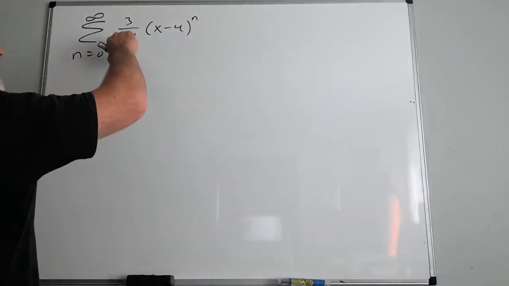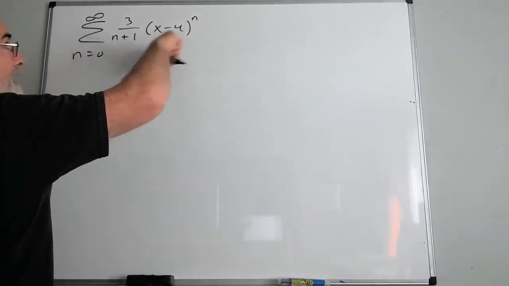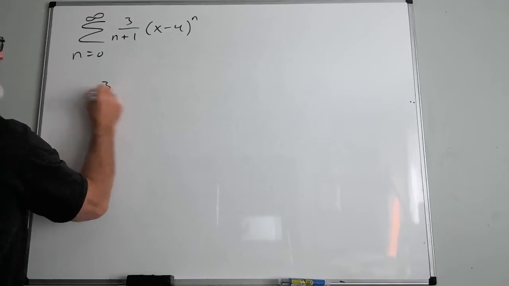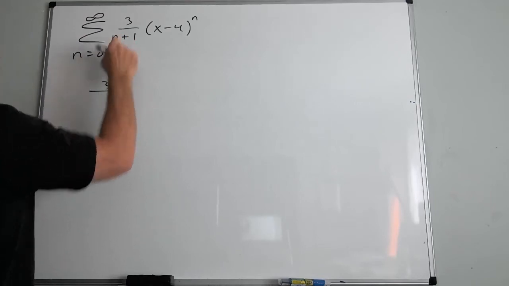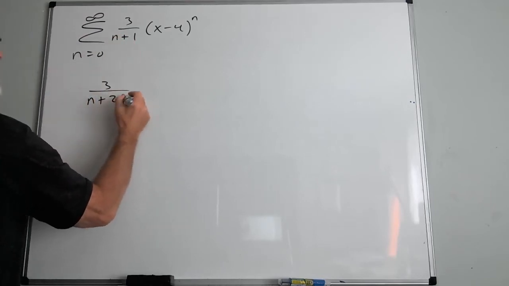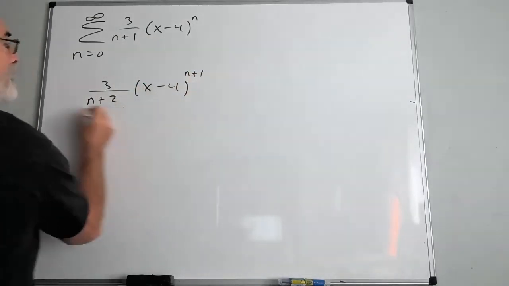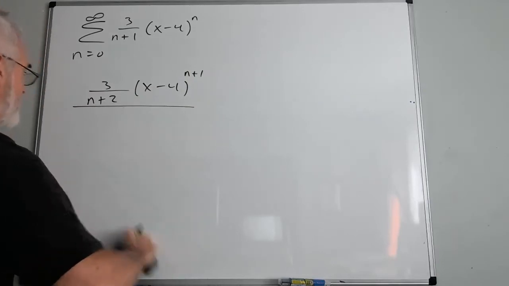So what we do is we take the n plus first term. The n plus first term would be 3 over n plus 1 plus 1, x minus 4 to the n plus 1. Let's give myself a little room here.